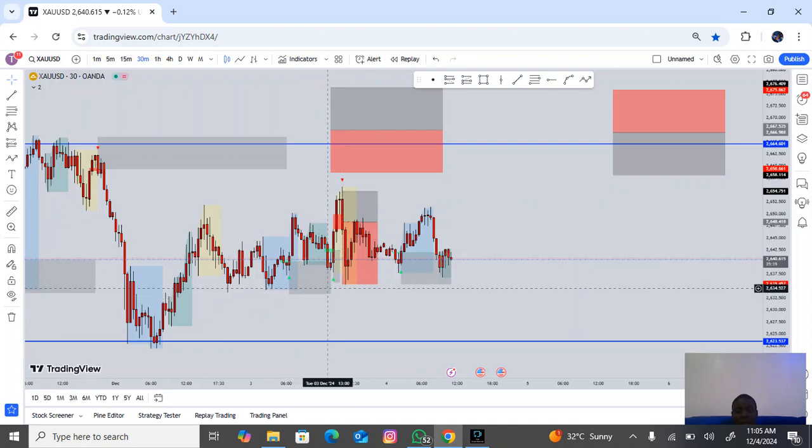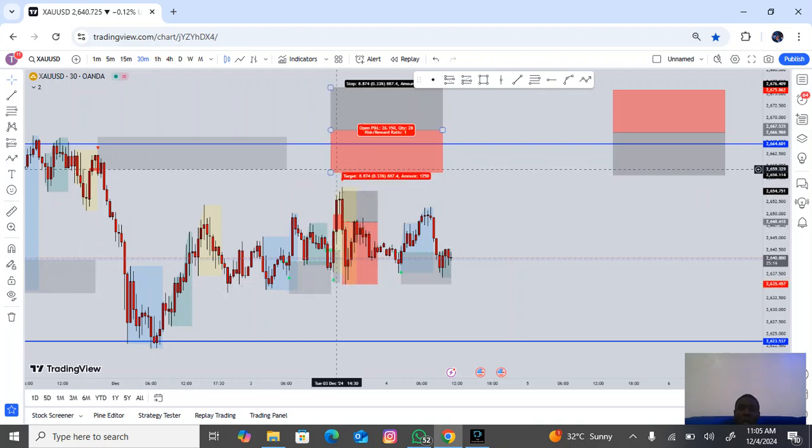The reward is two times what I was risking. So if you are risking one pip, you're supposed to be targeting two pips or more. The minimum should be two times what you are risking, at least.